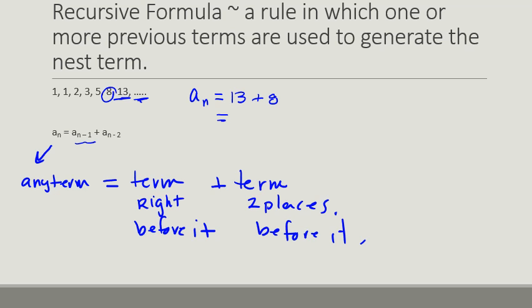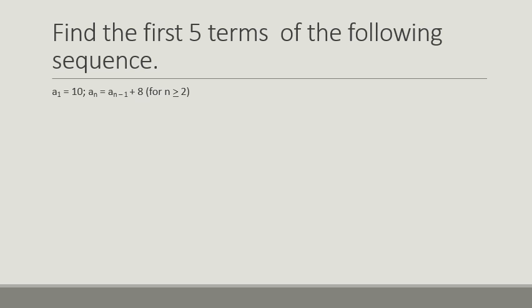So 13 plus 8 is 21. And then the next term would be 21, the term before it, plus the term before that one. So that would be 34. Okay, so that's how a recursive formula works.